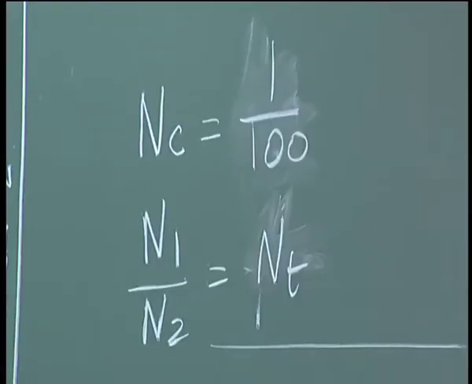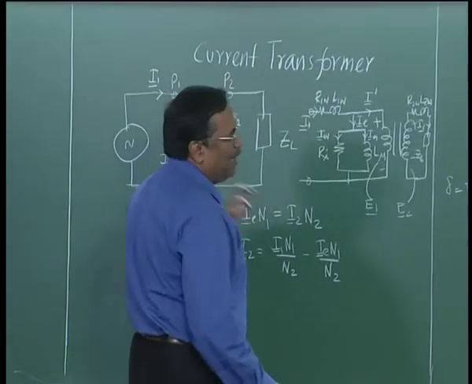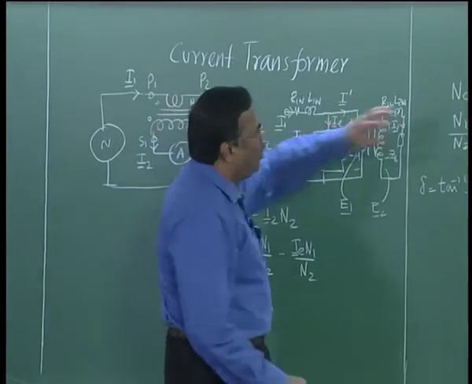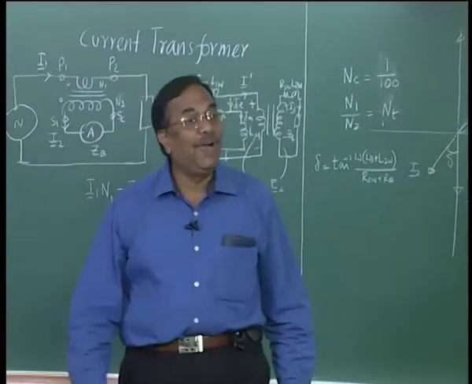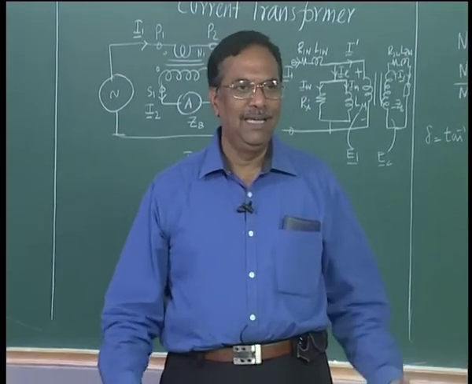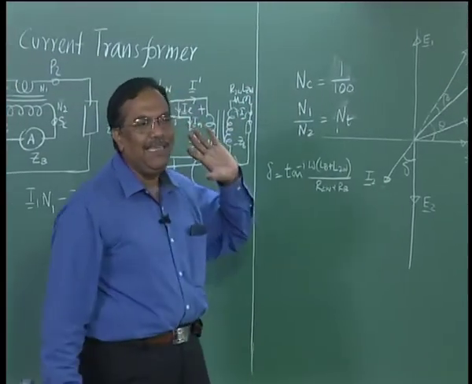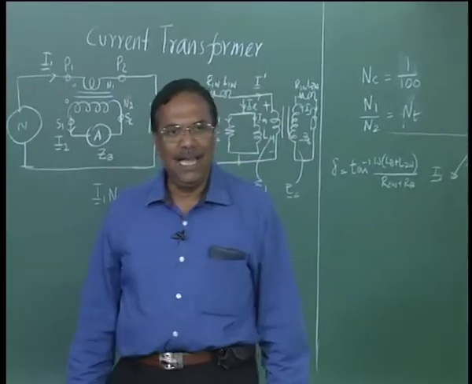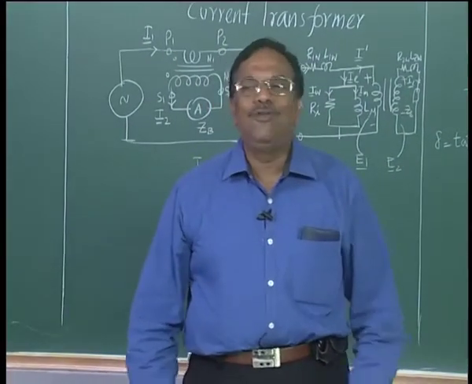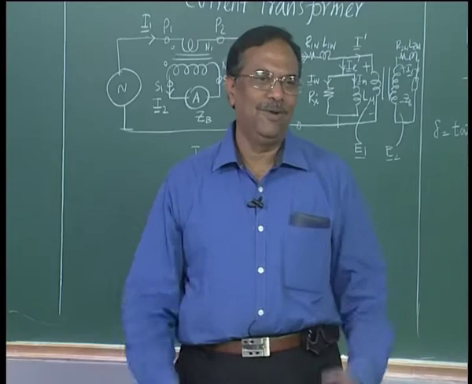Of course, it is really impractical: I want a 100 bar 1 current transformer and I put N1 equal to 10 turns, I will have to wind N2 as 1000 turns. It has to be 100 times N1. But I am saying that I will not make it exactly 100 times. I will not make the turns ratio equal to the expected nominal current transformer ratio.